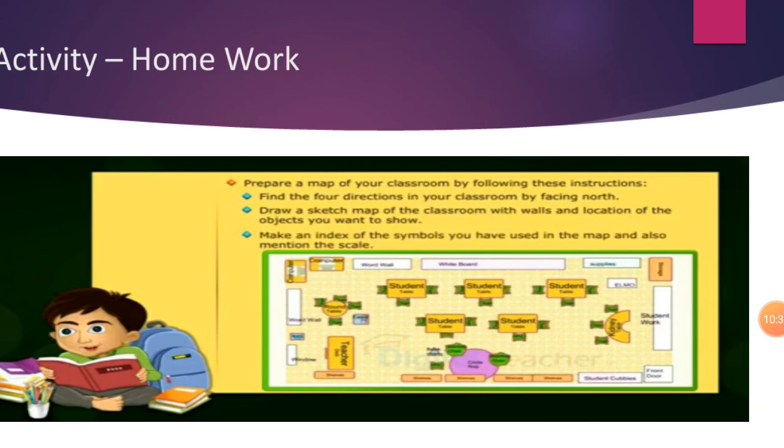Draw a sketch map of the classroom or your bedroom with walls and the location of the objects you want to show. Make an index of the symbols you have used in the map and also mention the scale.